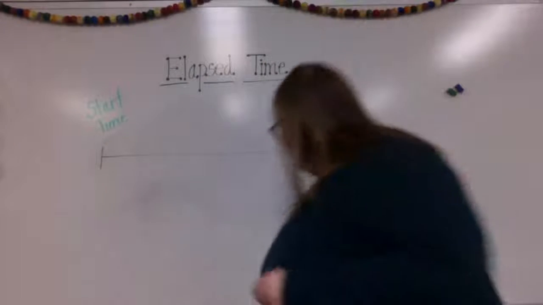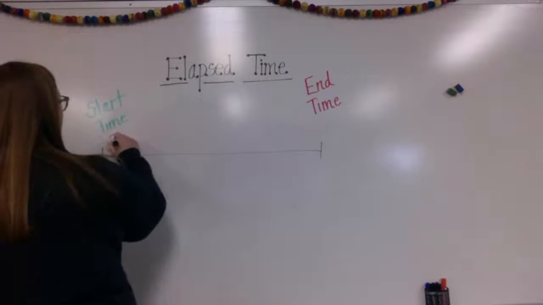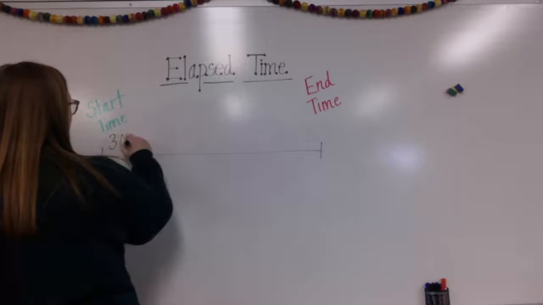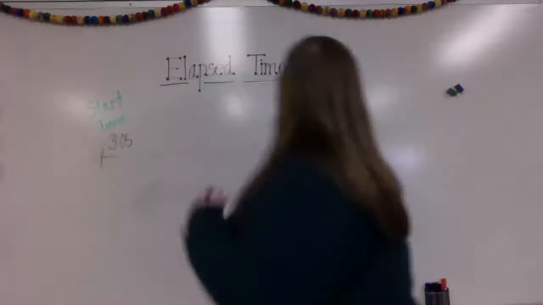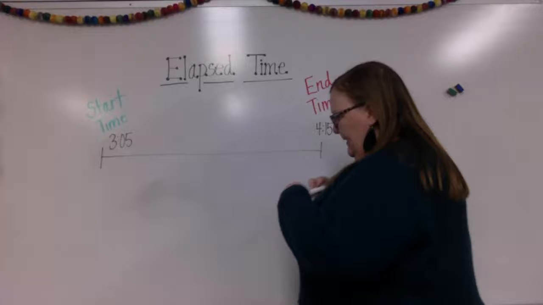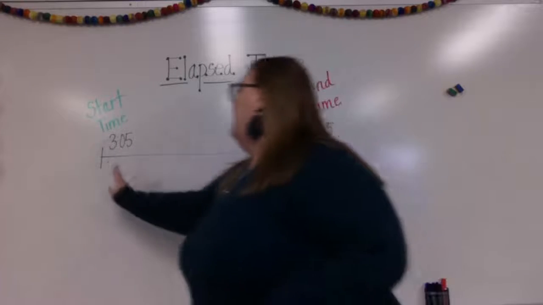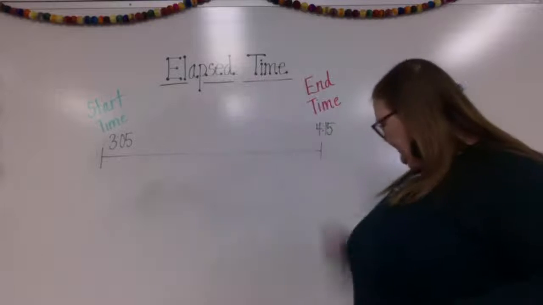So now we have our start and stop times. Our start time was 3:05. Our end time or stop time that he gets to grandma's house is 4:15. Now we just have to figure out, what is the elapsed time? How much time happened from the start to the end time?